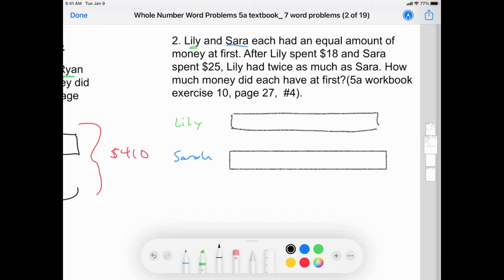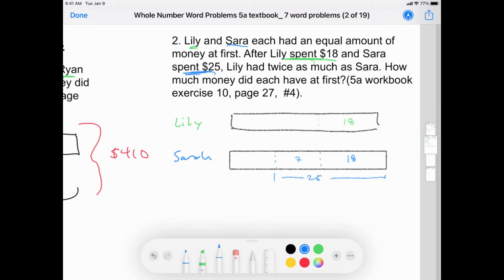After Lily spent $18, and Sarah spent $25. So I'm going to do, this represents 25. So 25 minus 18 is 7, so I can put 7 in here. How much money did each of them have at first?